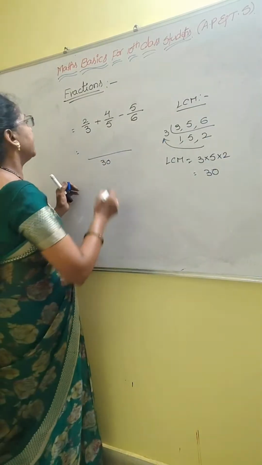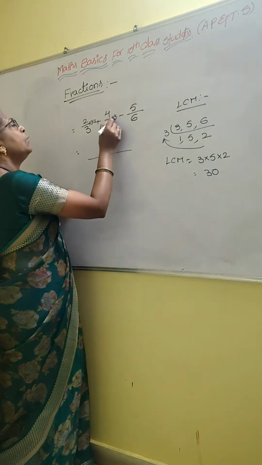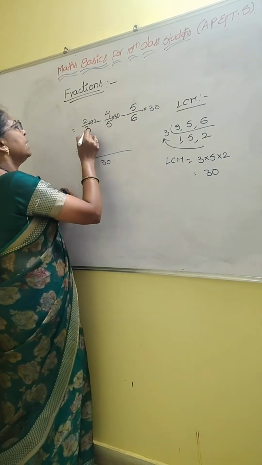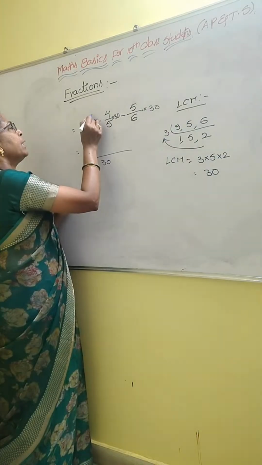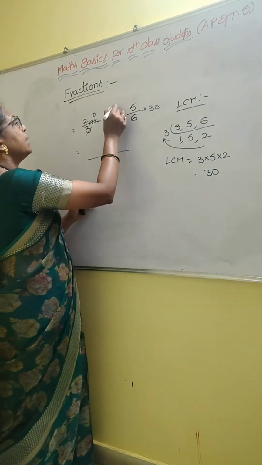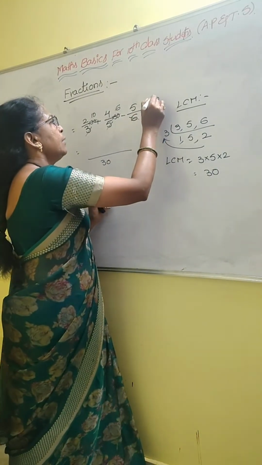One simple method here, how can you write? Into 30, the LCM value, just write here into 30, into 30. Then you can simplify easily. 3 goes in 30 how many times? 10 times. Again 5 goes in 30, 6 times. And 6 goes in 30, 5 times.